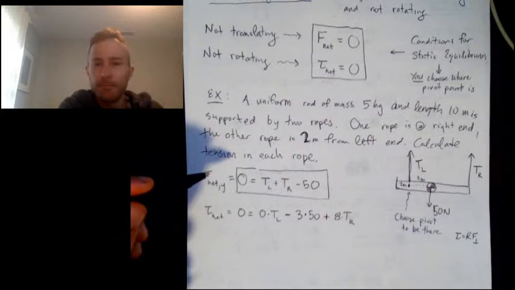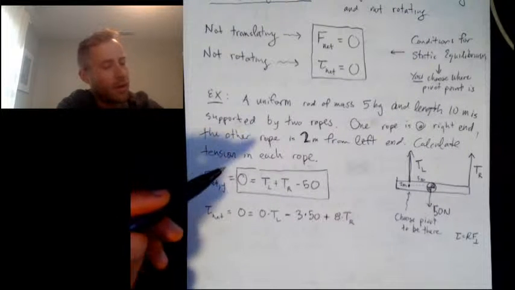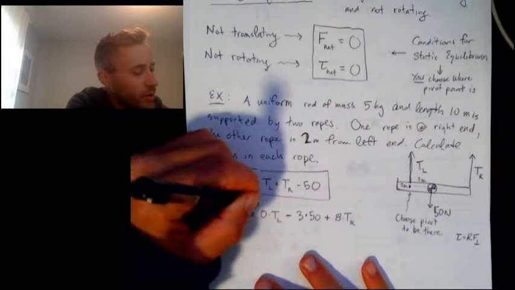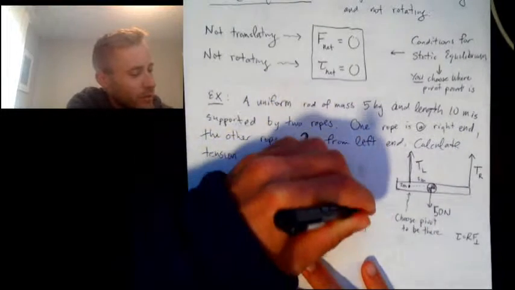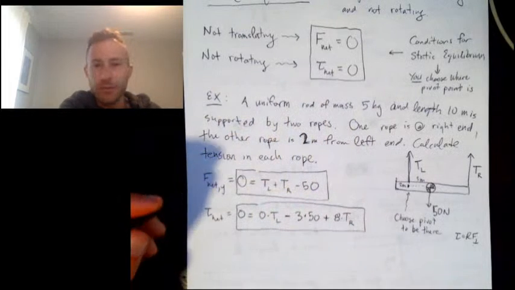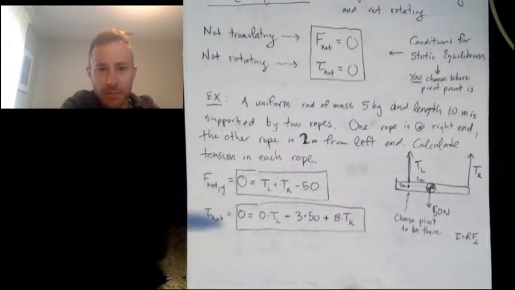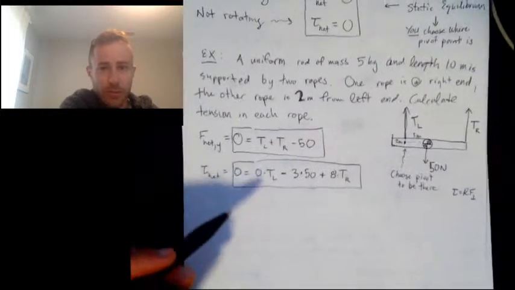It's already perpendicular, so I don't need to mess around with trigonometry. So this is my second equation. This is a system of equations for two unknowns, left tension and right tension, but it's a very simple system of equations.